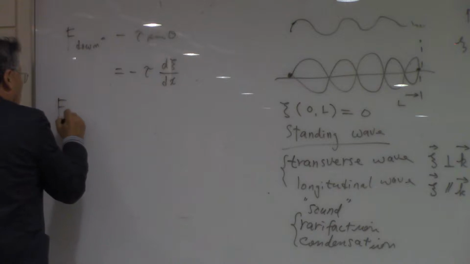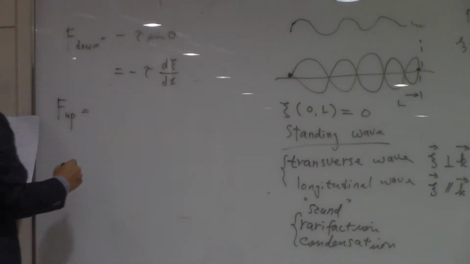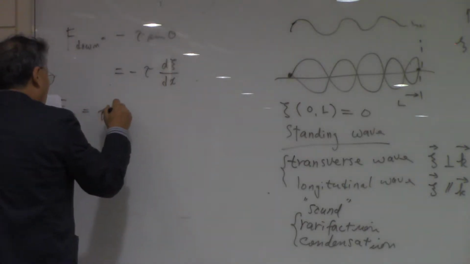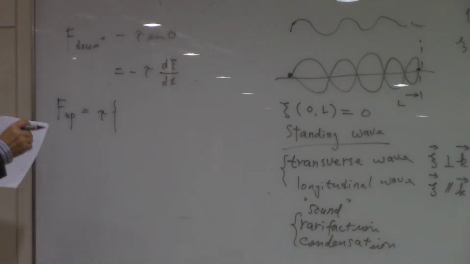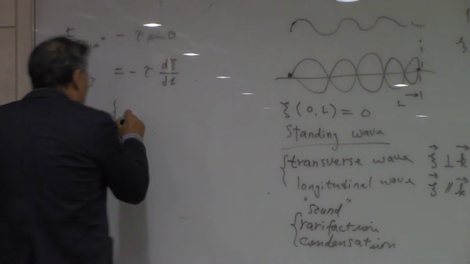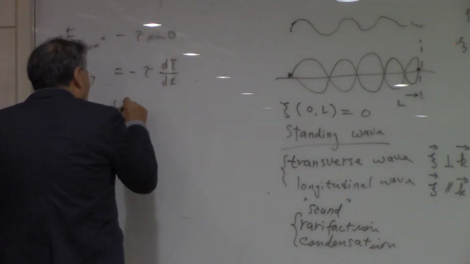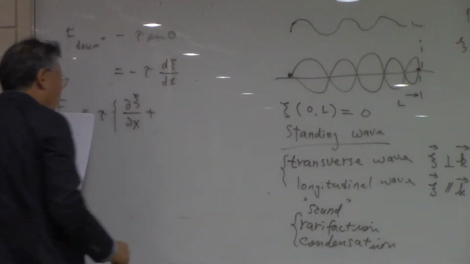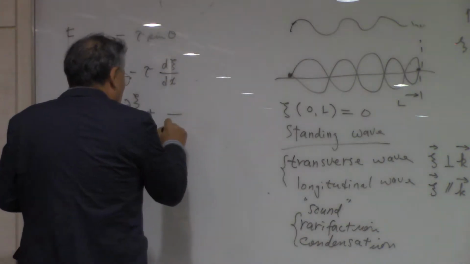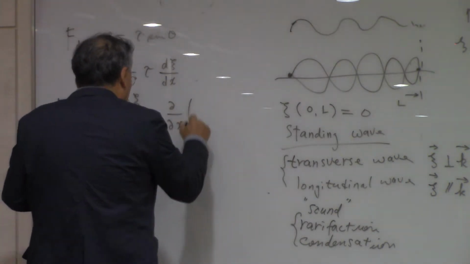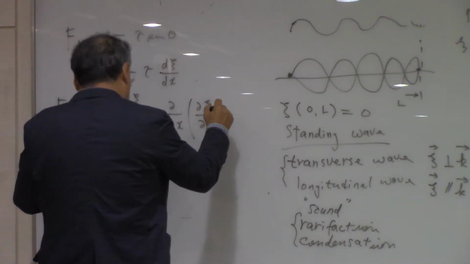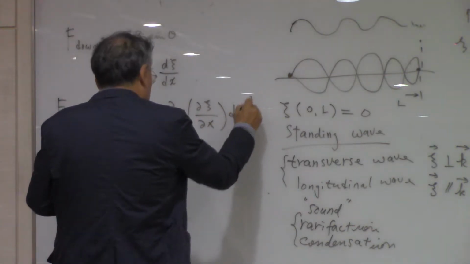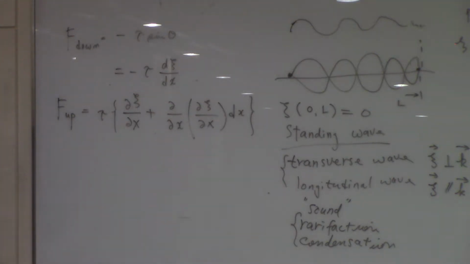And the force up is going to be tau, and then the Taylor expansion of the system, that is going to be ∂ψ/∂x evaluated at x plus dx. Okay?